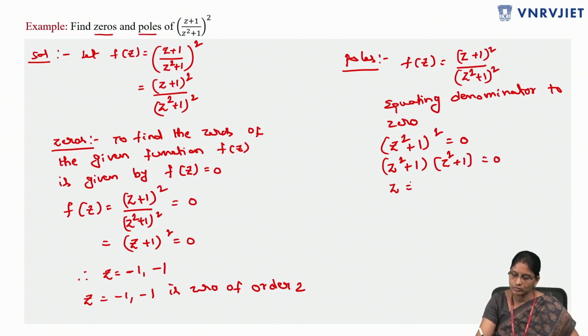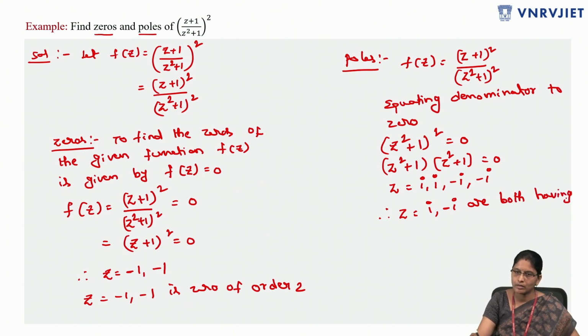z is equal to plus or minus i. We get i, comma i, minus i, minus i. Therefore, z is equal to i and z is equal to minus i are both the poles of order 2.